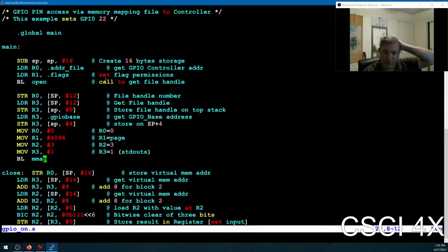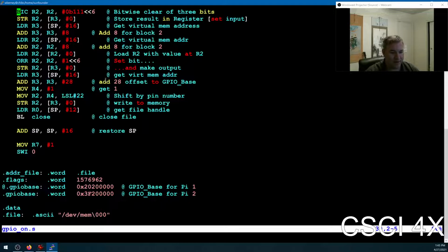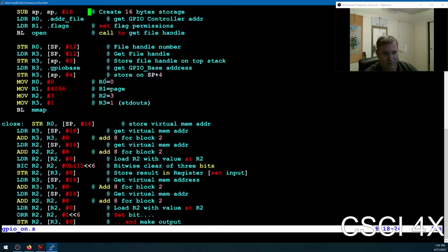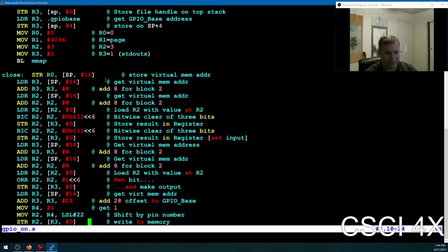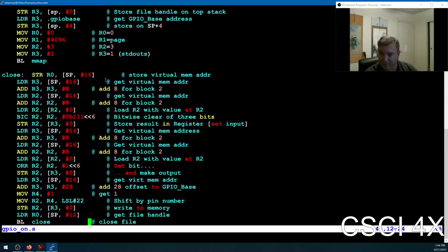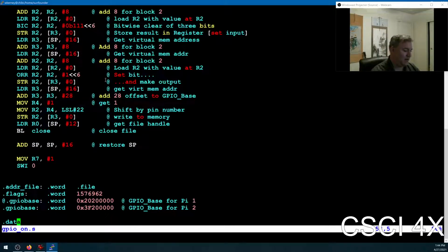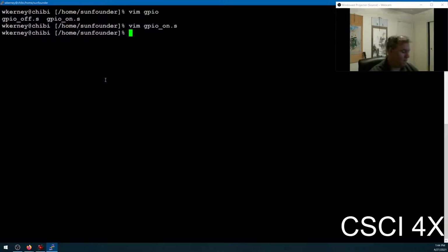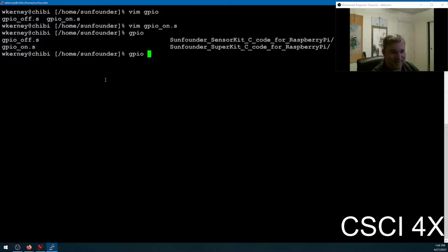The GPIO pins all live at a certain memory address, and it changed between the Pi 1 and the Pi 2. But basically you just map that into your current address space, and then you can do things like this to turn pins on, turn pins off. Or you can use the GPIO library.